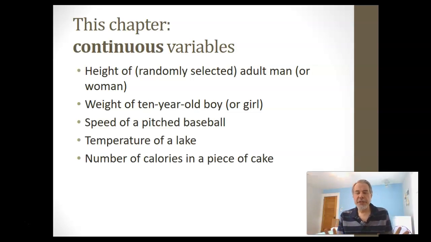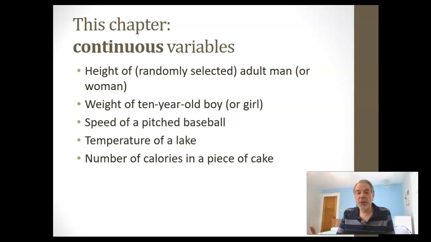Now, all of these are continuous variables because they're not separate individual discrete things that appear one at a time and you can count how many there are. Instead, they're somewhere along a scale. Depending on how precisely you measure them, they might be reported as whole numbers, but they might not. They might have fractional parts after the decimal point.